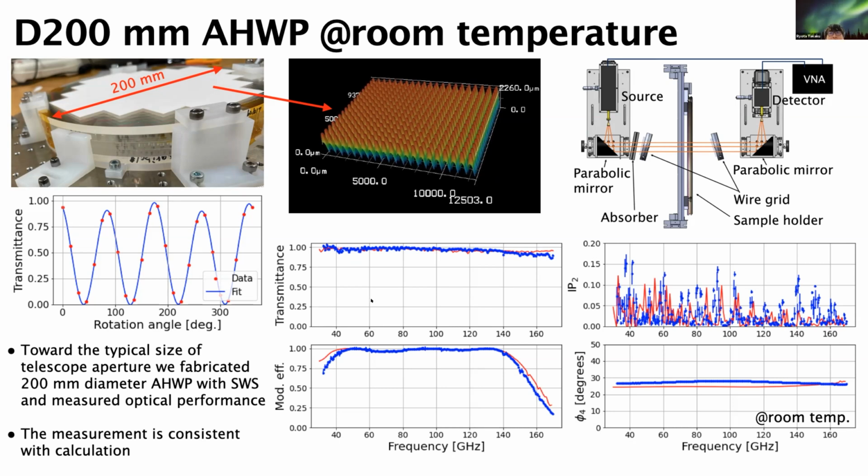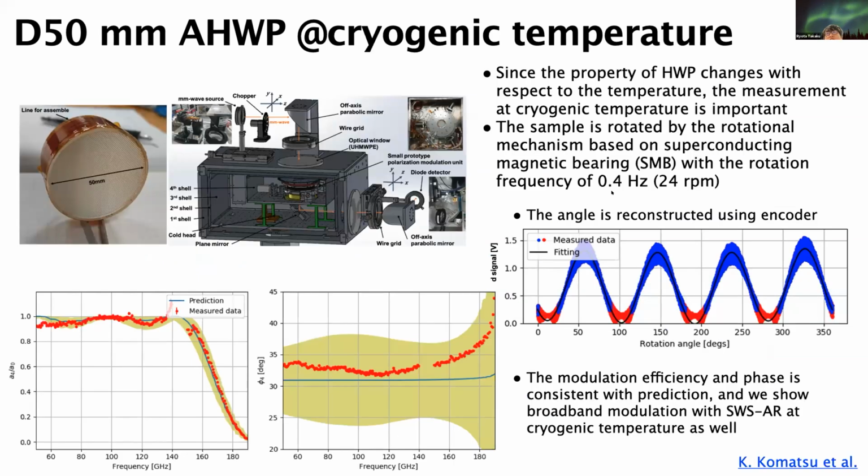This measurement showed high transmittance and modulation efficiency of the assembled sample. This measurement was taken at room temperature. Since the property of the half-wave plate changes with temperature, the measurement at cryogenic temperature is also important.